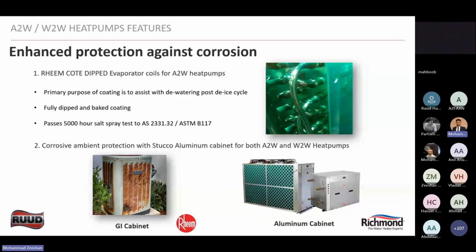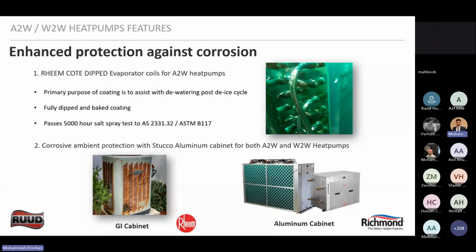We also emphasize corrosion protection. As you know, we live in very corrosive ambient conditions because of the salt content that is available in the ambient. This is why all our evaporator coils are specially coated with a coating called Ream Coat, due to which it resists the corrosion itself. It passes almost 5,000 hours of salt spray test.